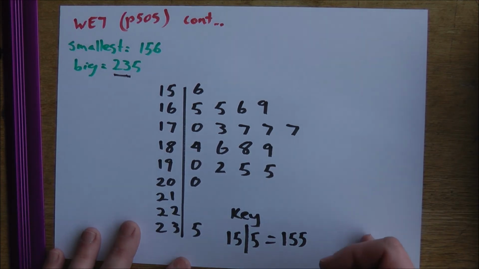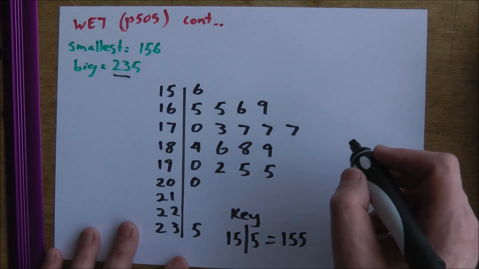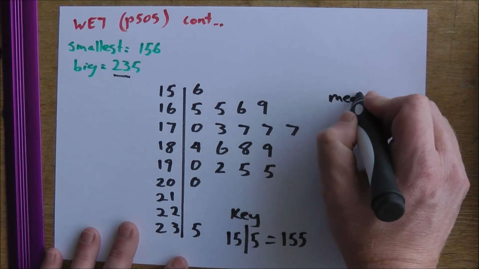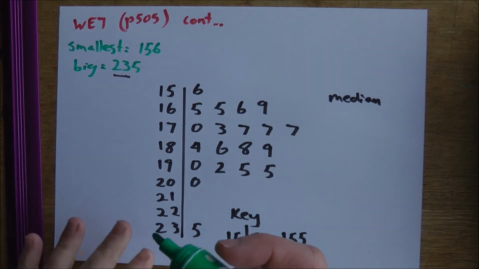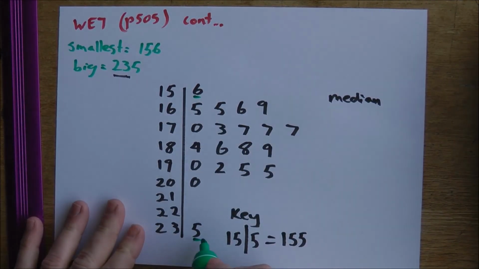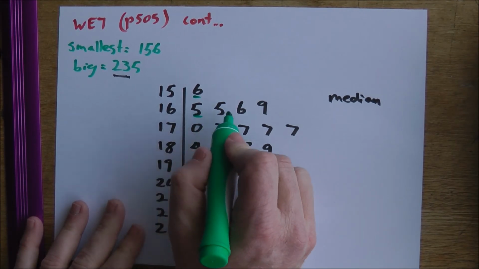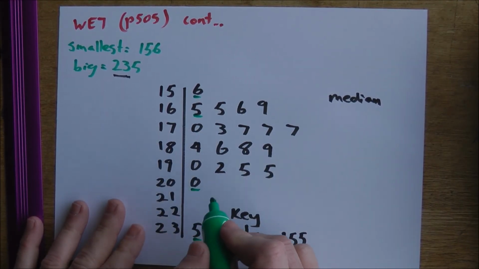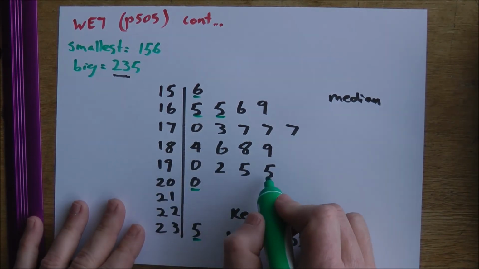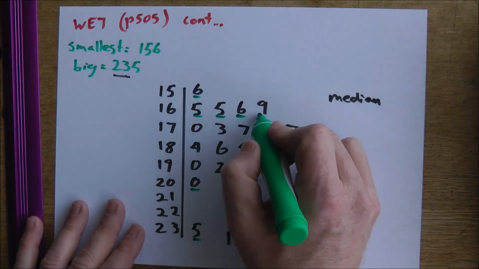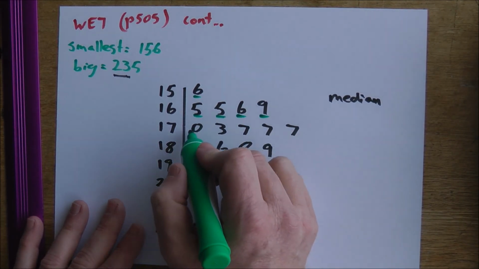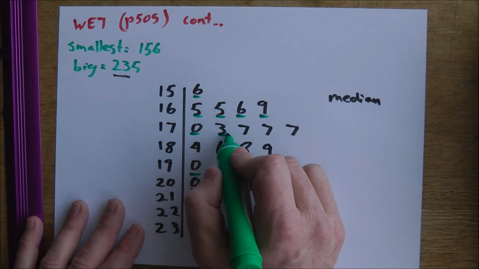Okay, so let's start working out what we need to. The median. Alright, so we can count our way in from the outside a little bit like we did before. So we've got that one and that one. So we start at the smallest and work our way up. And from this side I'm starting at the biggest and working down. Cross one off, cross one off, cross one off, cross one off, cross one off, cross one off. Keep going.